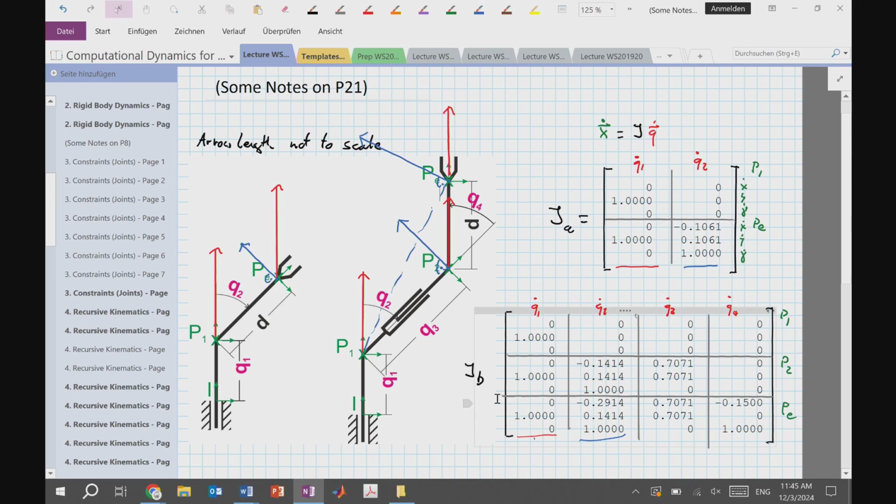And again, this would be reflected in these distances, right? The distance from here to here, that's the lever arm in y direction, and you see that this is the same for P2 and PE. And the distance from here to here, respectively, would be the lever arm in x direction. The lever arm distance in y direction gives me a velocity in x direction, and that is shorter for PE and longer for P2, which we also see here, right?